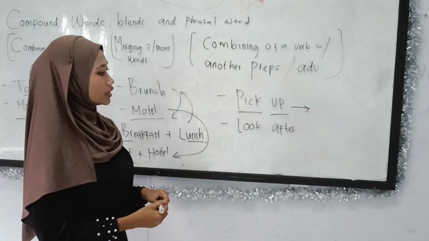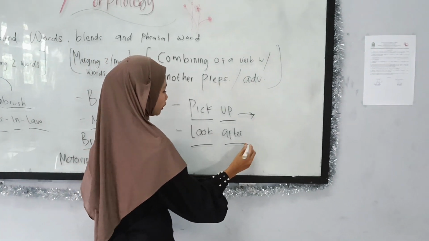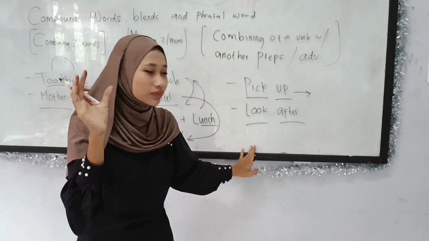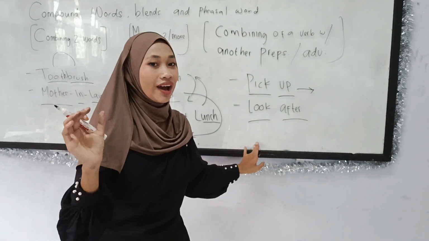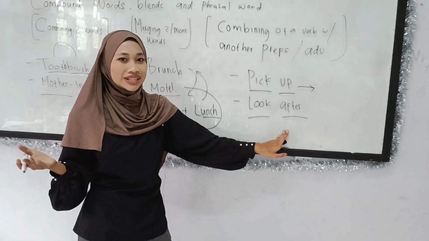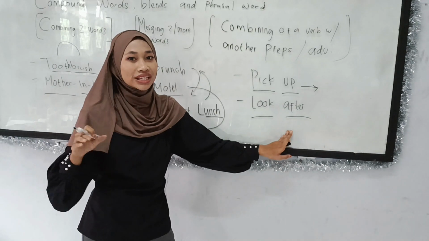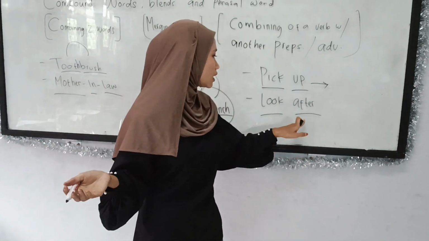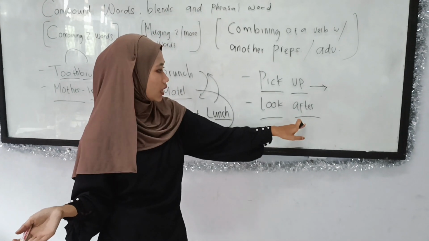And then here is look after. Look, as you can see, when you want to see something, you look at something with those beautiful eyes. And then after is when you are done doing something and you want to do another task or another thing, it's after.